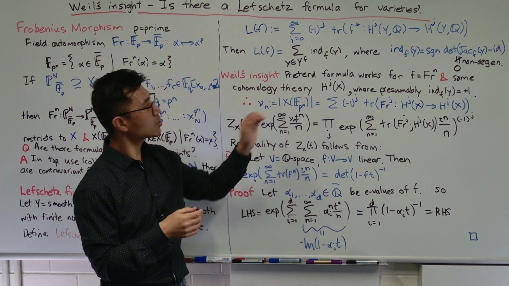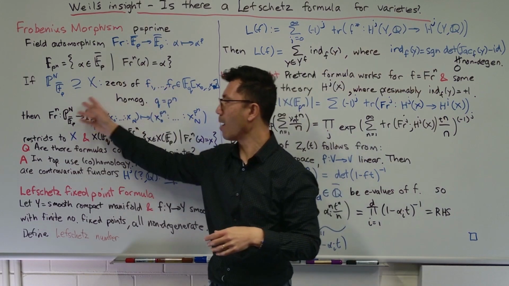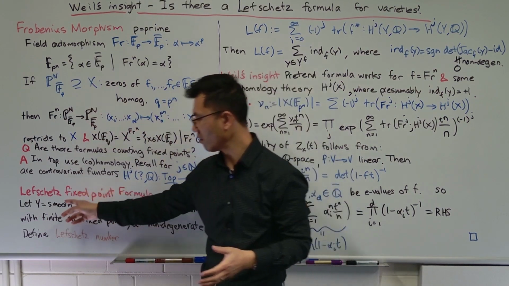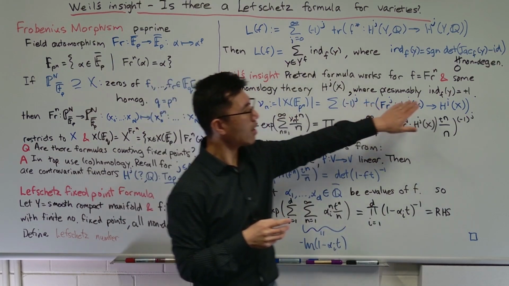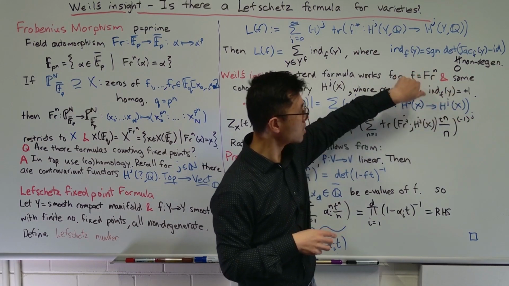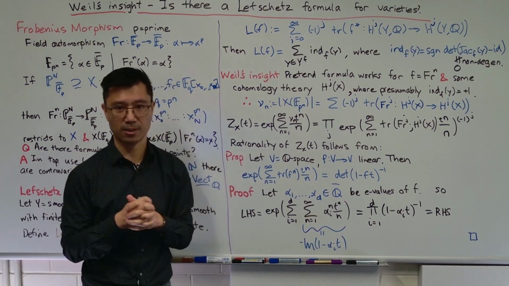And he also thought that if you just look at the Frobenius map, and you want to pretend it's like this situation of a map between smooth manifolds, you'd probably expect that the index of F at y for this nth power of the Frobenius should equal +1. And that's the type of thing that you would expect.